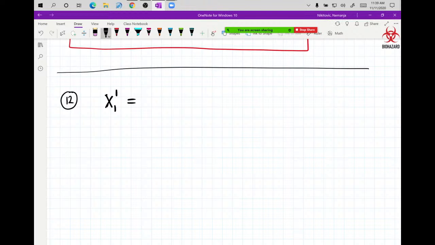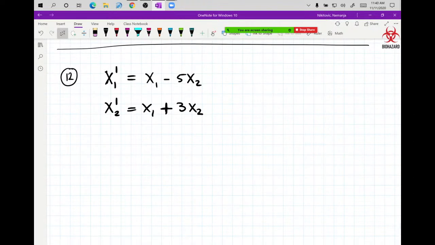prime is equal to x1 minus 5x2, and x2 prime is x1 plus 3x2. All right, so we have our matrix A, which we all know how to extract: 1, minus 5, 1, and 3.